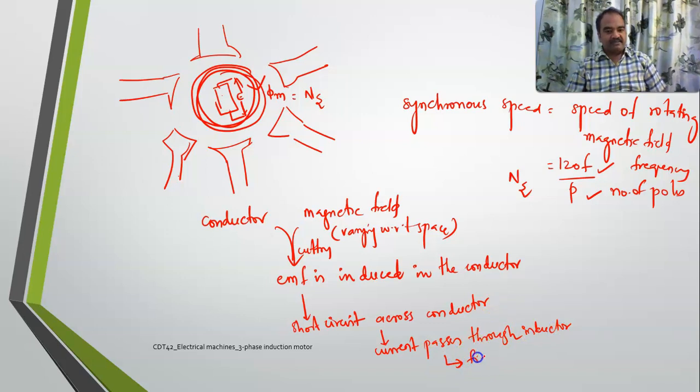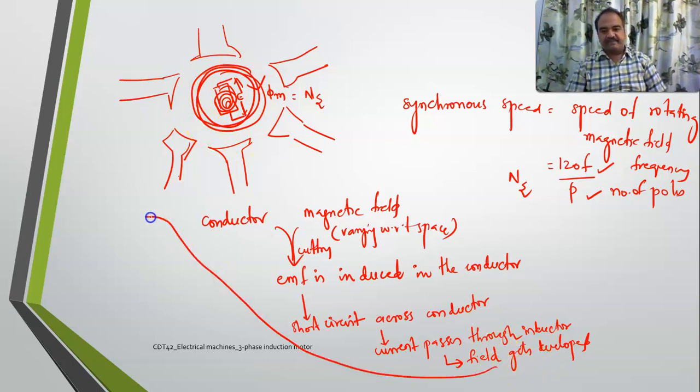A field will be developed. It means there is a local field developed here. This is your external field, and there is a small local field developed here. Now there is an interaction of two fields, right? What will happen with this? Torque is developed.